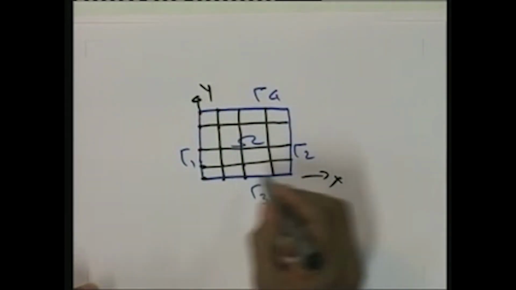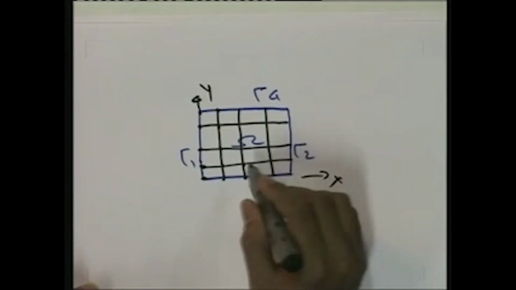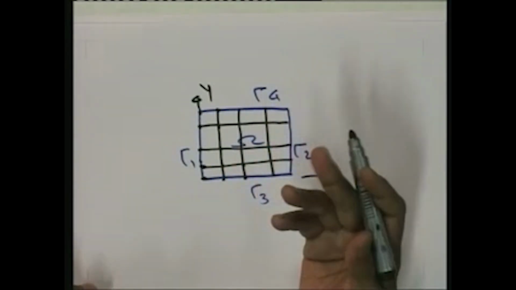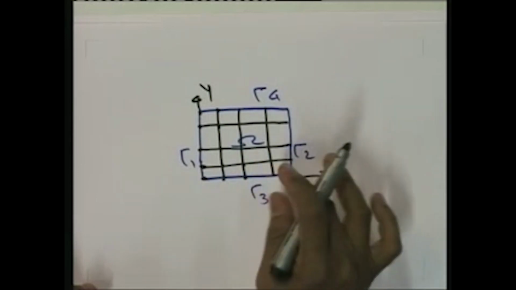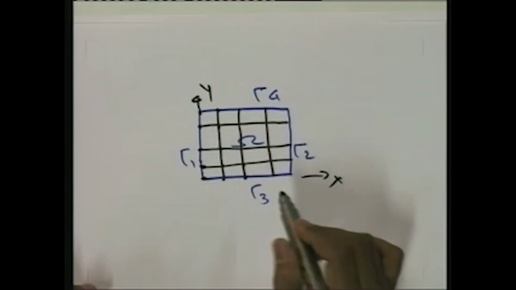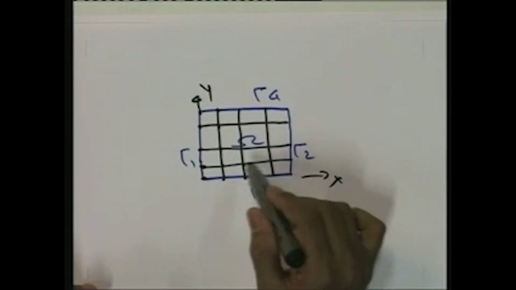The function can be the velocity or whatever function we are trying to approximate, and we represent it by a set of values at points on a grid of intersecting lines.